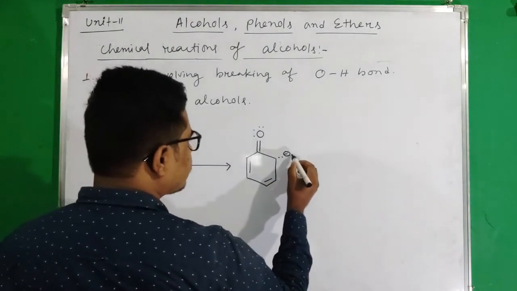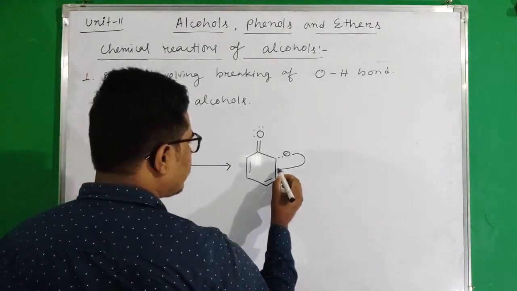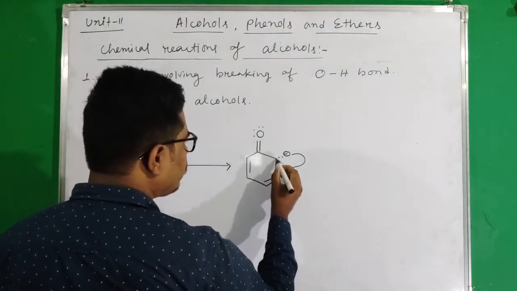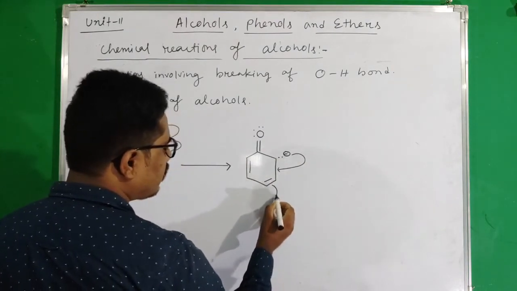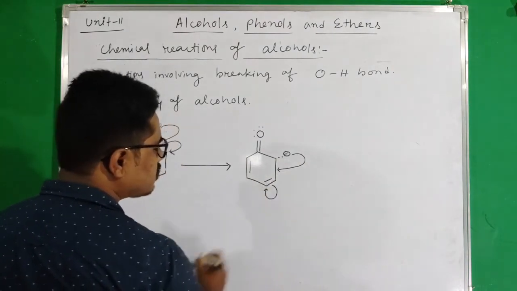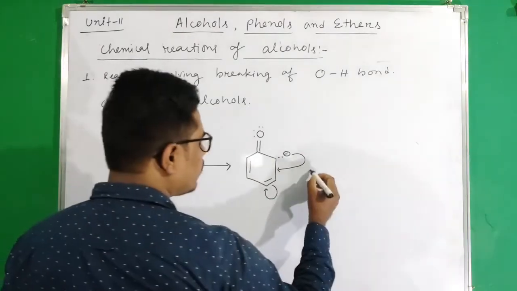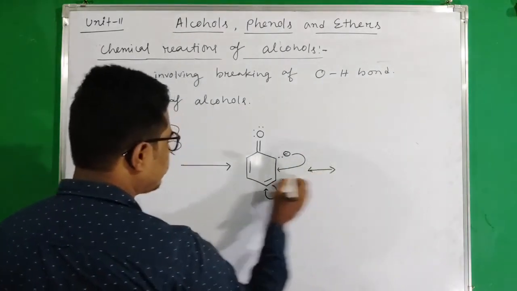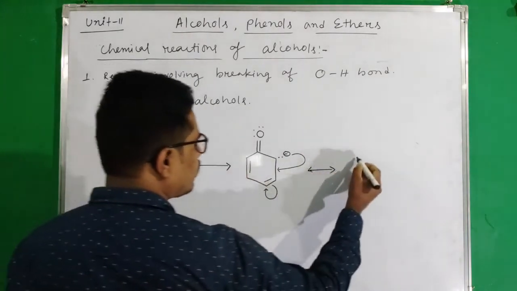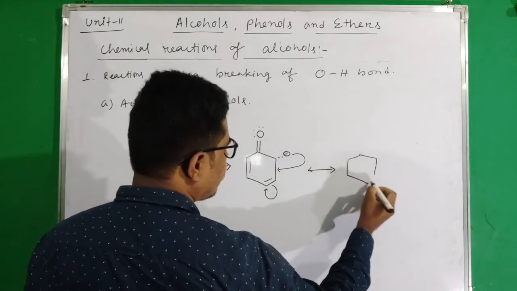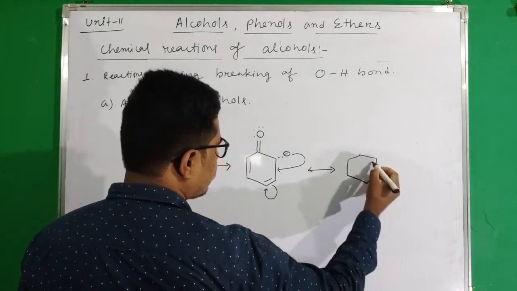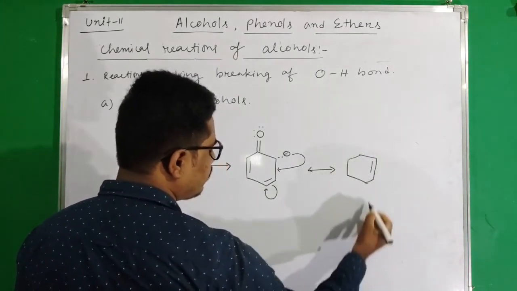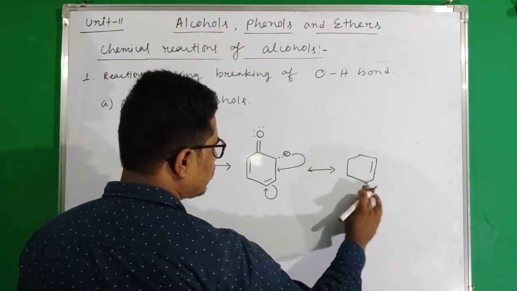Now these electrons will come here, that means in between these two carbons, and then this pi bond will repel to that carbon. So here one double bond will form. After that, one negative charge here.